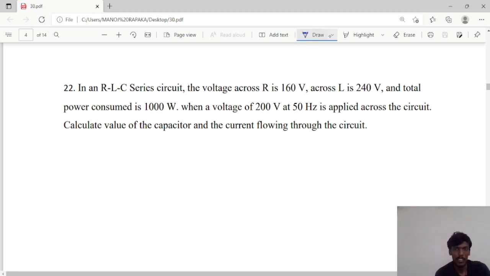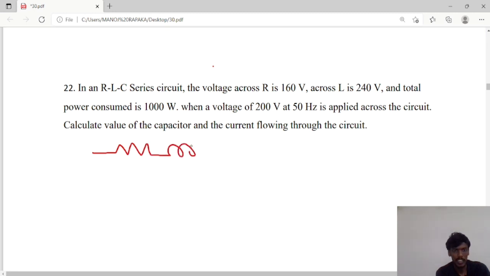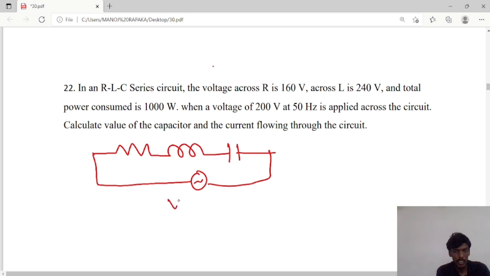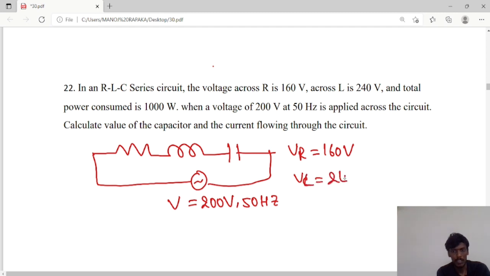So we will draw the given data. It is an RLC series circuit, with a resistor as well as an inductor and a capacitor. The supply voltage is 200 volts at 50 hertz, the voltage across the resistor is 160 volts, and the voltage across the inductor is 240 volts. The power consumed is 1000 watts.